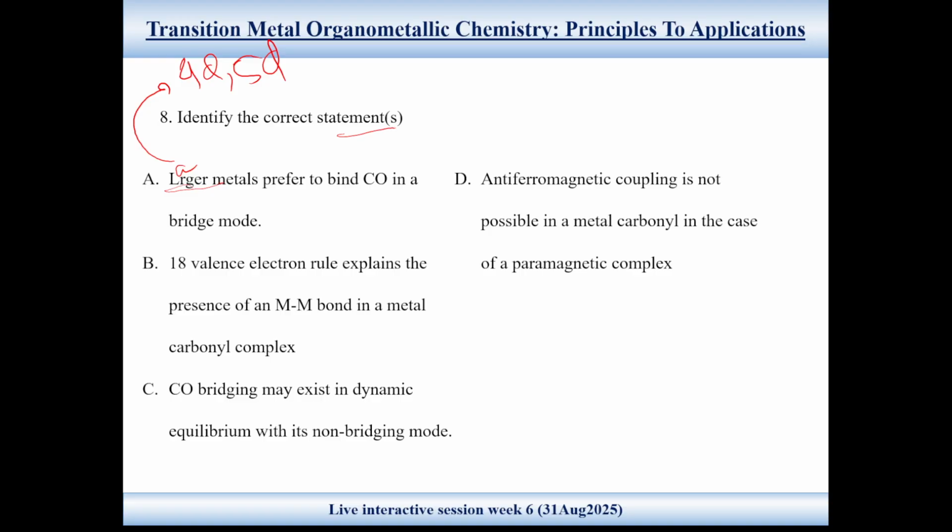Statement C: CO bridging may exist in dynamic equilibrium with its non-bridging mode. Statement D: antiferromagnetic coupling is not possible in a metal carbonyl in the case of a paramagnetic complex.